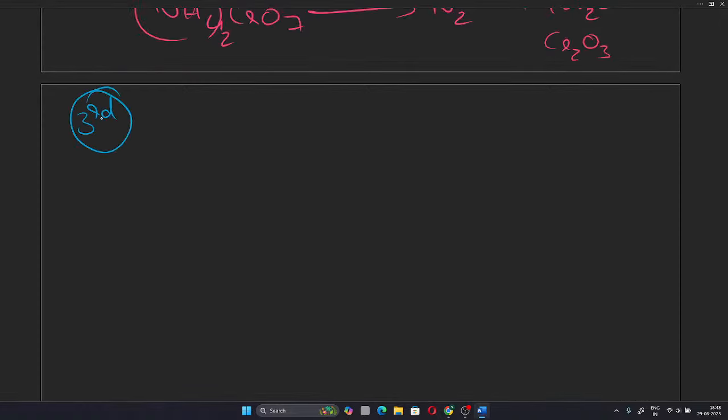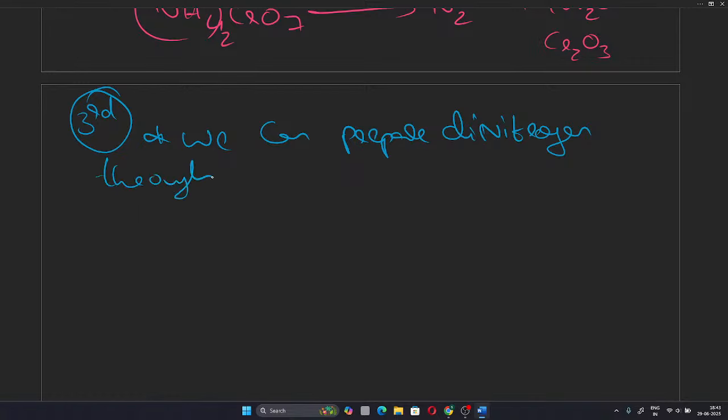The next, third preparation method: we can prepare dinitrogen through sodium azide or barium azide.